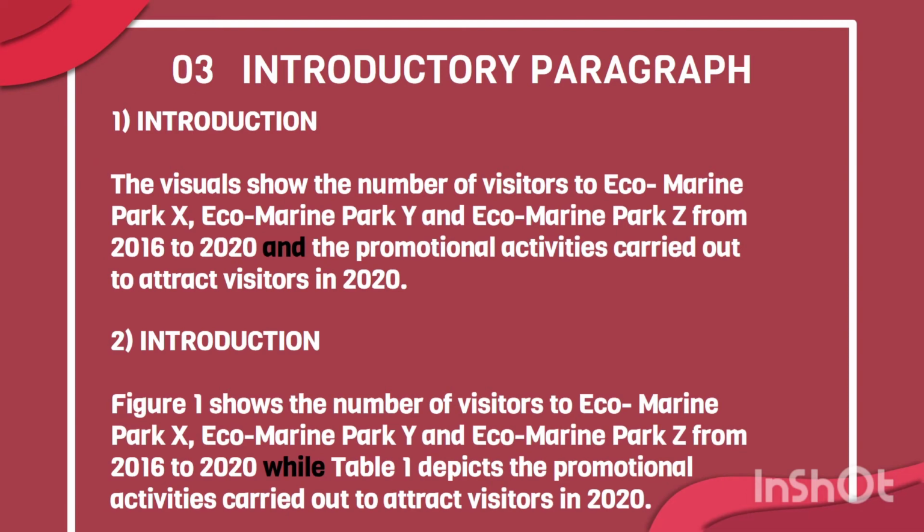Figure 1 shows the number of visitors to Eco Marine Park X, Eco Marine Park Y, and Eco Marine Park Z from 2016 to 2020, while Table 1 depicts the promotional activities carried out to attract visitors in 2020. Okay, just now, for the first introduction, I used the visuals. These visuals are in plural form.